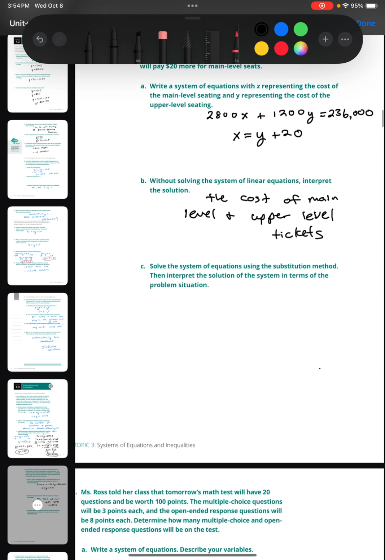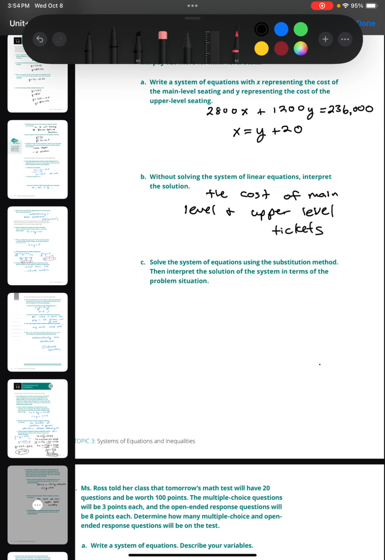All right, so again, we are going to substitute. This one already sets up perfect for substitution. We're going to plug in y plus 20 for x in the first equation. So 2,800 times (y plus 20), substituting for that x, plus 1,200y equals 236,000.